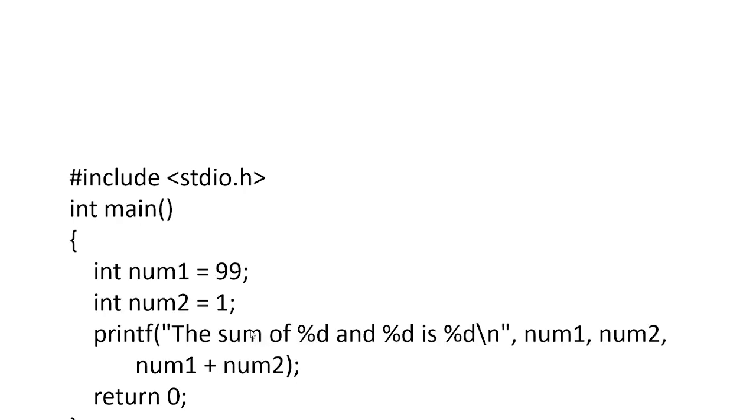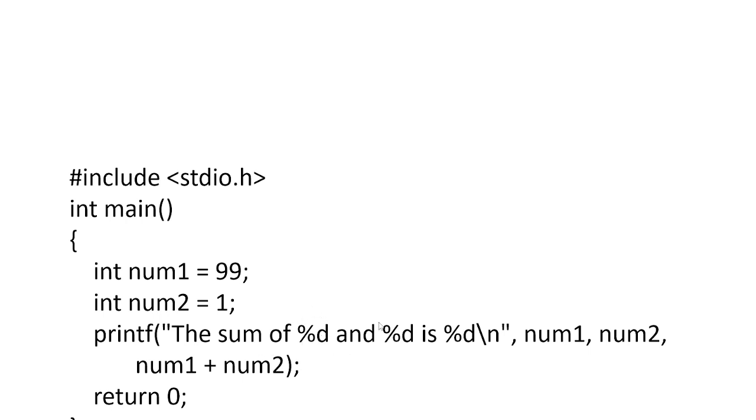So this is the syntax of the printf statement. With the help of printf statement, we can print values of different variables. That's why in a program, to show any output, we use printf, and to take any input, we use scanf. So this is another program where we are using printf to display the result of a summation.